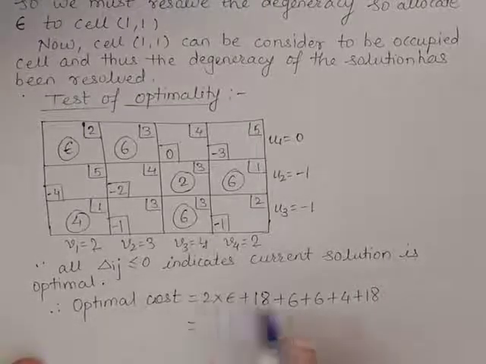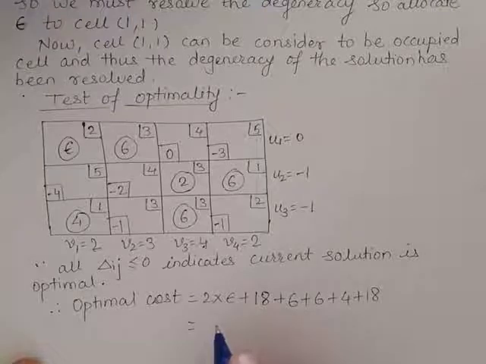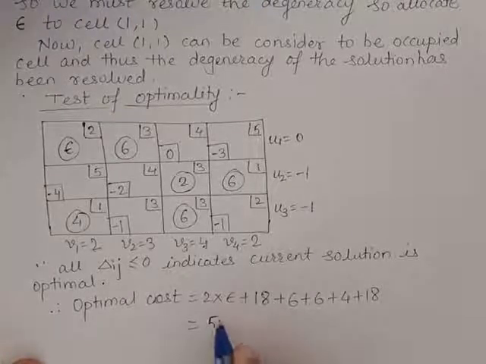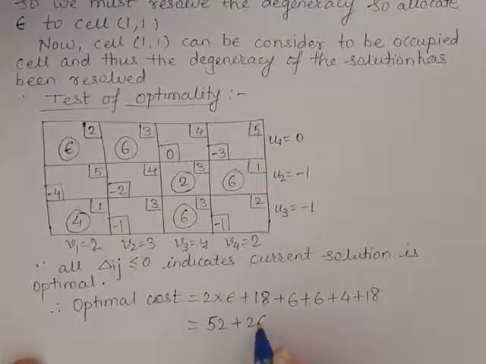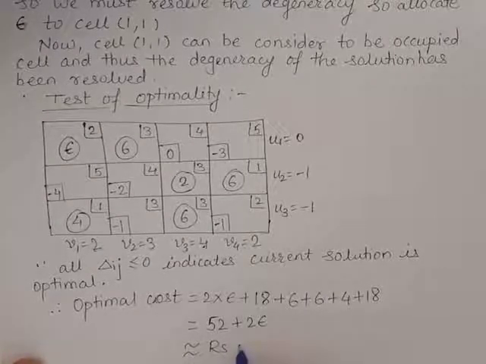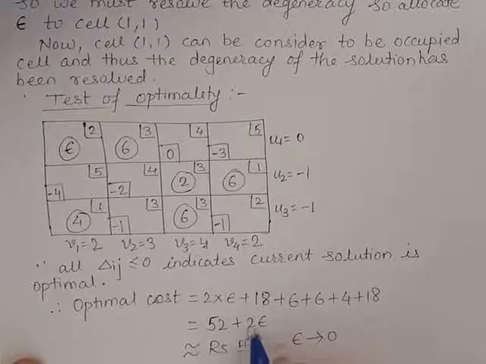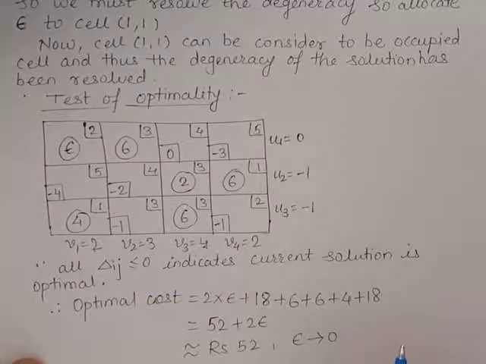So how much is this? This will be 52 plus 2 epsilon. So this is near about rupees 52. Why does this happen? Because epsilon tends to 0. Epsilon is a very small quantity, so it is negligible. We will neglect this part.